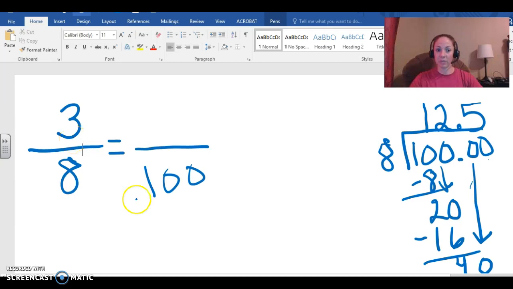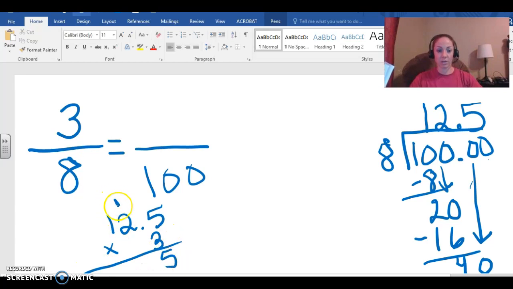Now we have to multiply 12.5 times 3. Let's do that down here. So we have 12.5 times 3. There's 15, carry the 1. 2 times 3 is 6, plus 1 is 7. 3 times 1 is 3. Then we move the decimal spot over one place.